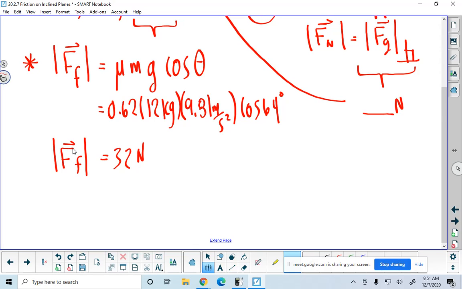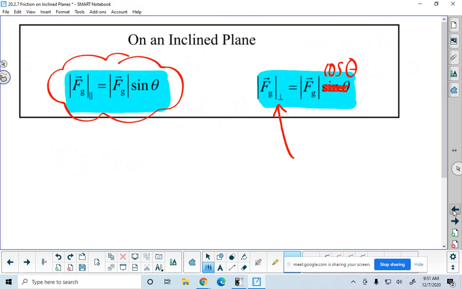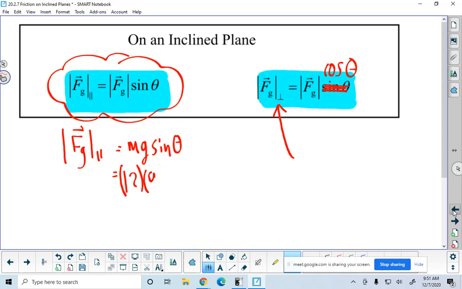What I would like everybody to do right now for example 1, even though we weren't asked about this, is calculate the force due to gravity parallel to the ramp. It would be mg times sine of theta. So it would be 12 times 9.81 times sine of 64.